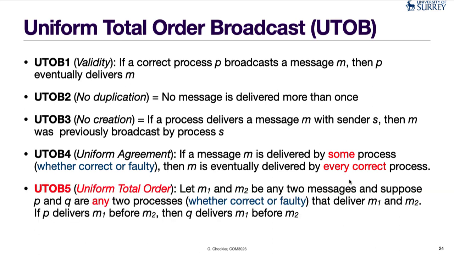And then the uniform total order is like the normal non-uniform total order that we just discussed, but in contrast, it requires that if M1 and M2 are delivered by any two processes, which can be either correct or faulty, then if one of these two processes delivers M1 before M2, the other one does the same as well. That is, it delivers M1 before M2.